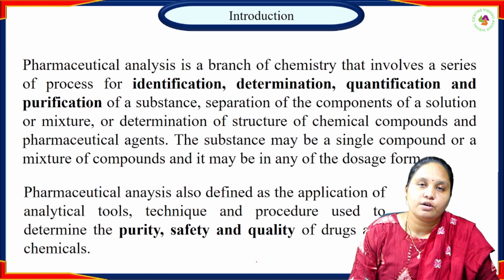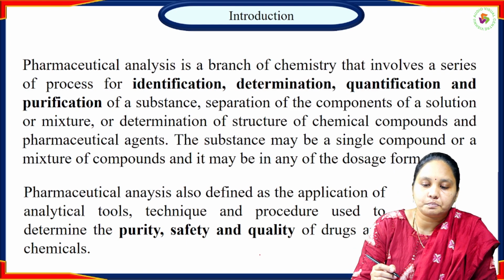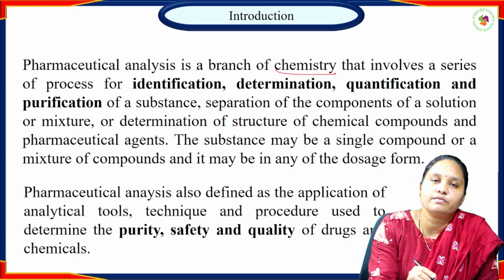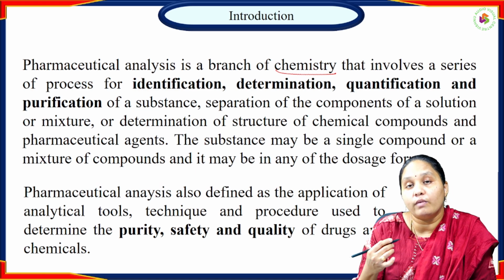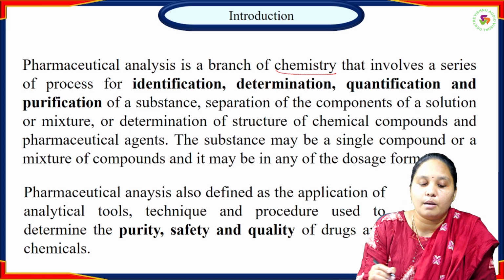Coming to the introduction of pharmaceutical analysis, as the objectives we discussed, pharmaceutical analysis is a branch of chemistry. It involves a series of processes. In this series of processes, we need to identify, quantify, and check the quality of the particular compound.